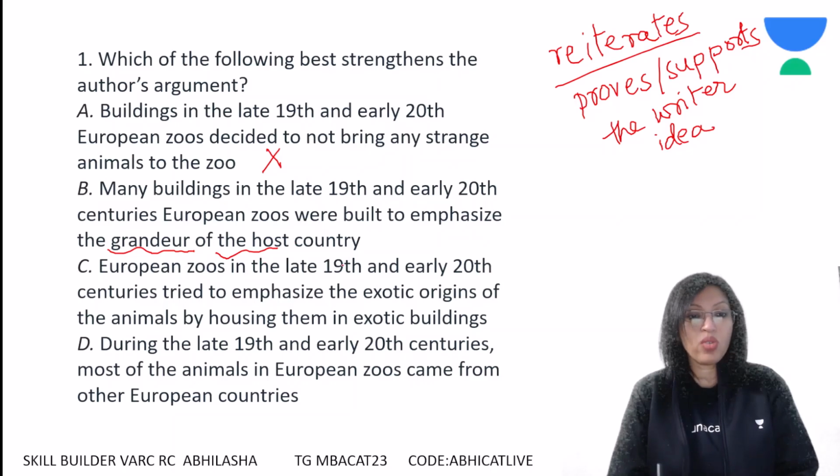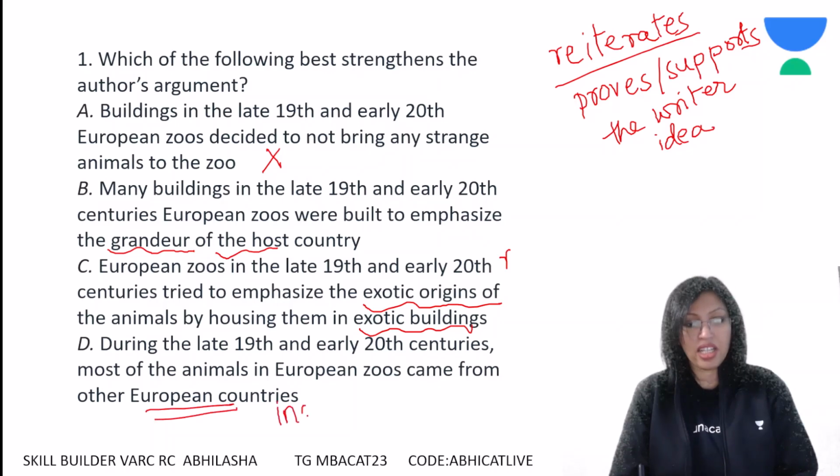So European zoos in the late 19th and early 20th century tried to emphasize the exotic origins of the animal by housing them in exotic buildings. Wow, this is what the writer had said. Reiteration, remember? So reiteration, so possibly the right answer. During the late 19th and early 20th century, most of the animals came from other European countries. Well, this is factually incorrect and therefore cannot be one of the answers, right?